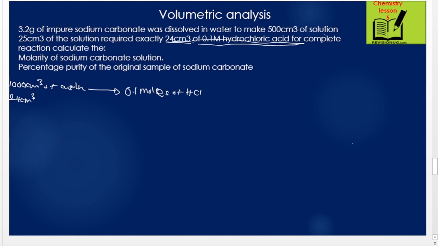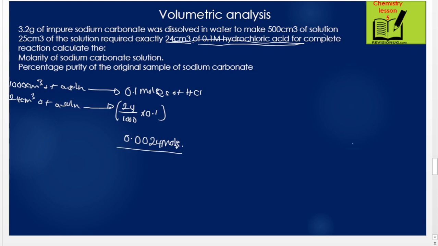Then 24 cubic centimeters of a solution will contain 24 out of 1000 times 0.1. Let us compute that. We are having 24 divided by 1000, then times 0.1. What are we getting? We are getting 0.0024 moles.